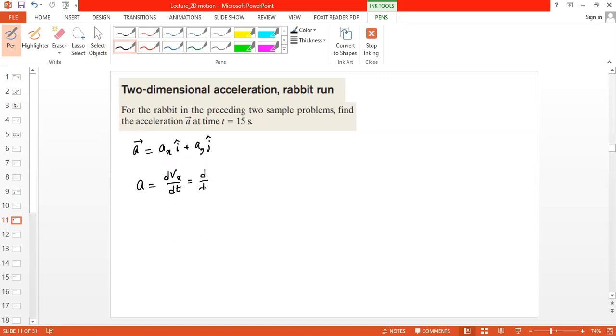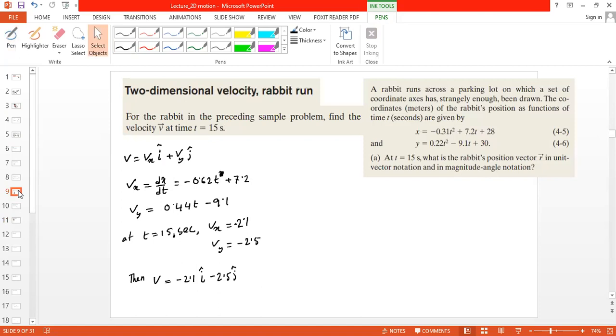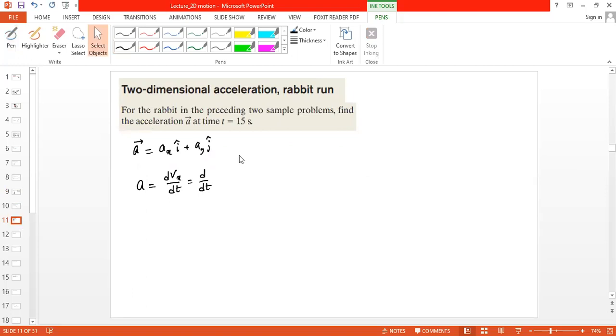What we found in our previous example is that v_x is equal to minus 0.62t plus 7.2. If we differentiate this, this is my a_x by the way, a_x equals dv_x by dt, and differentiating this will give me 0.62.